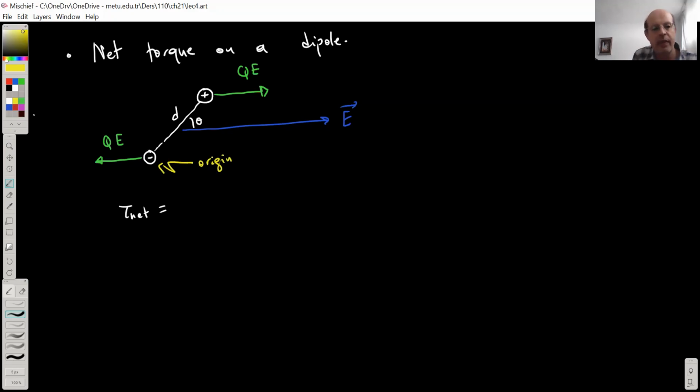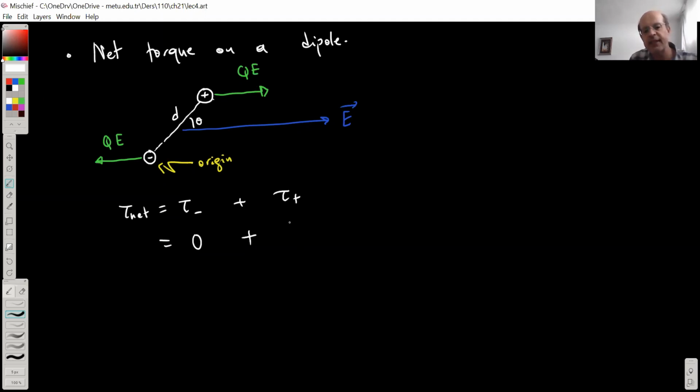So in that case, net torque is equal to the net torque applied on the negative charge plus the net torque applied on the positive charge. But since the negative charge is at the origin, the torque applied on it is equal to 0. And on the positive charge, the torque applied is basically, I need to multiply the perpendicular components of the force with that distance in here. So it's something like this. I mean, there are different ways of computing this, if you remember.